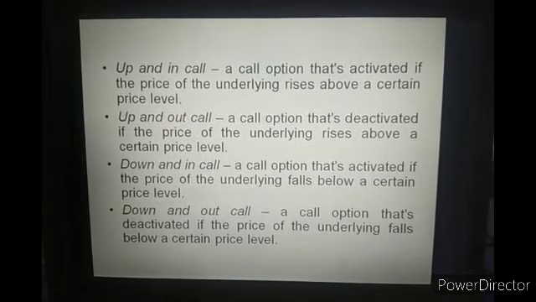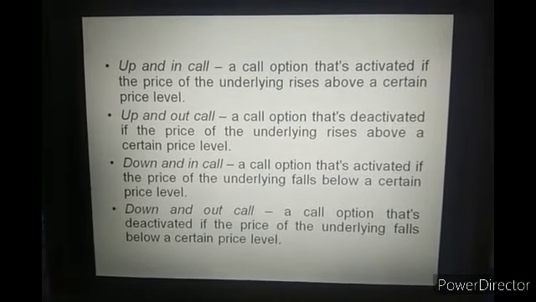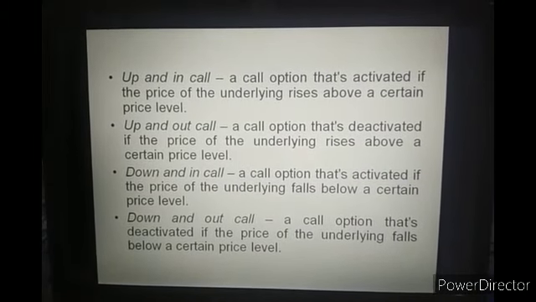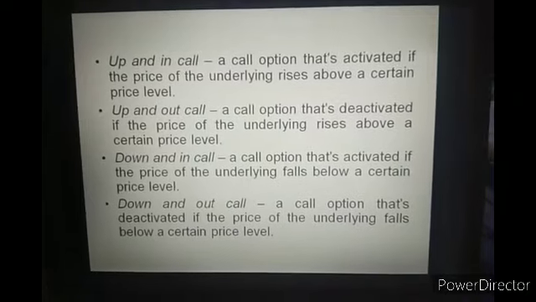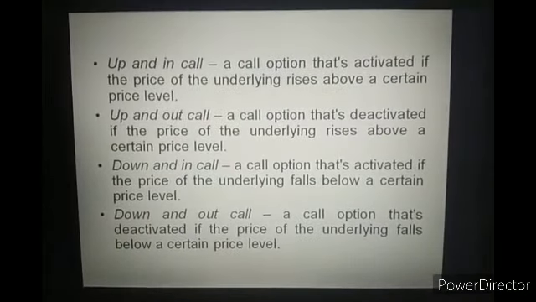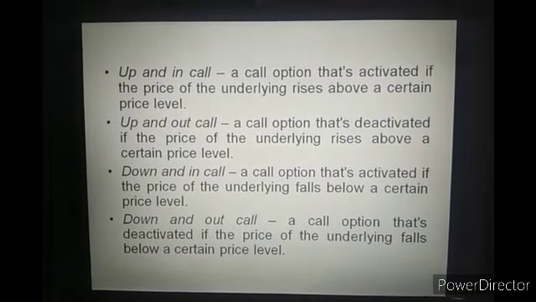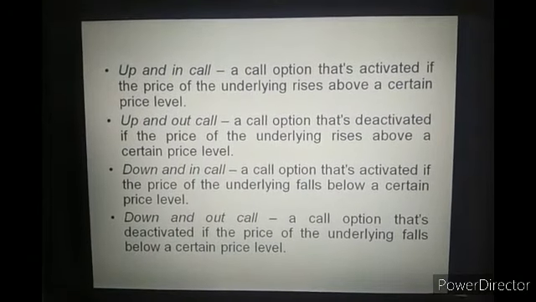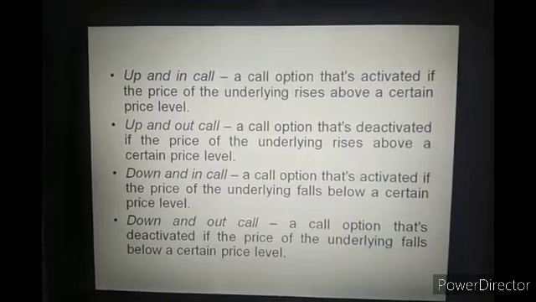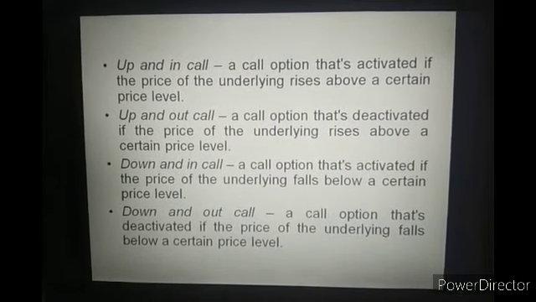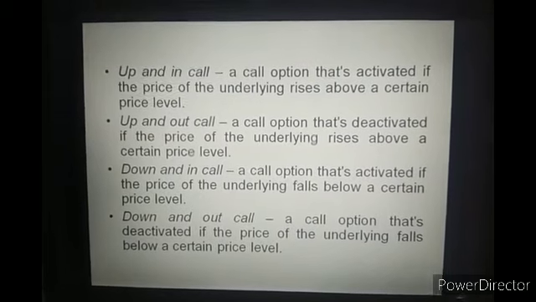So let us understand what is up and in. A call option that's activated if the price of the underlying rises above a certain price level. Now see, in technical analysis we discussed that if the price breaks the resistance, then it becomes the support. So suppose the price is traded near the resistance, and if it breaks, then and only then you will consider it a call, otherwise you will not.